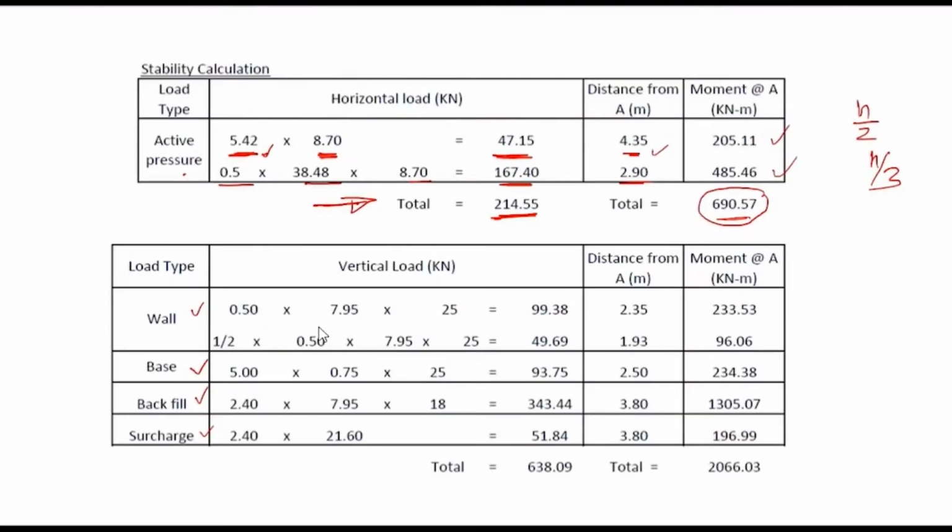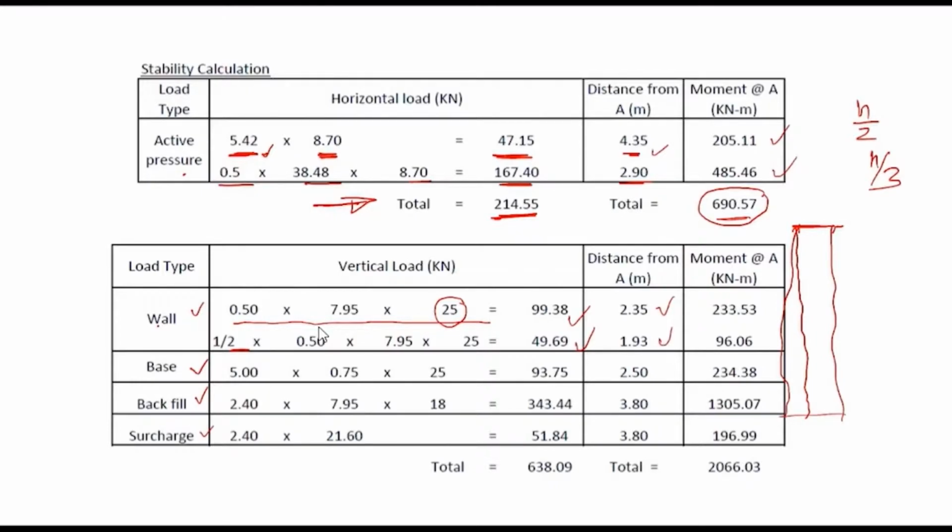Okay, so for this stem wall we have divided the stem into two parts, this rectangular part and this triangular part. This is the rectangular part. 25 is the unit weight of RCC. This is the triangular part. So these are vertical loads.